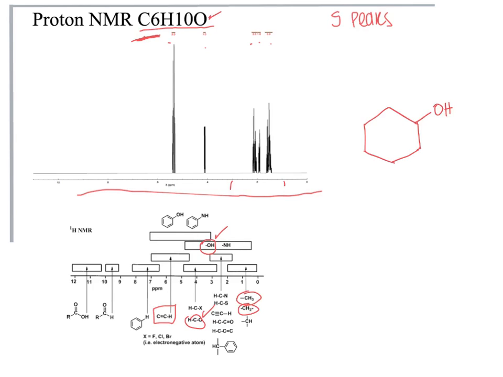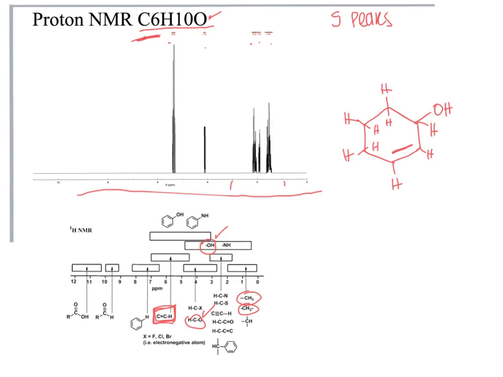And then we can add a double bond in the ring according to this information right here, giving us these hydrogens, filling the number of hydrogens that we should have in our molecule, and we will end up with 1, 2, 3, 4, 5, 6, 7, 8, 9, and 10.